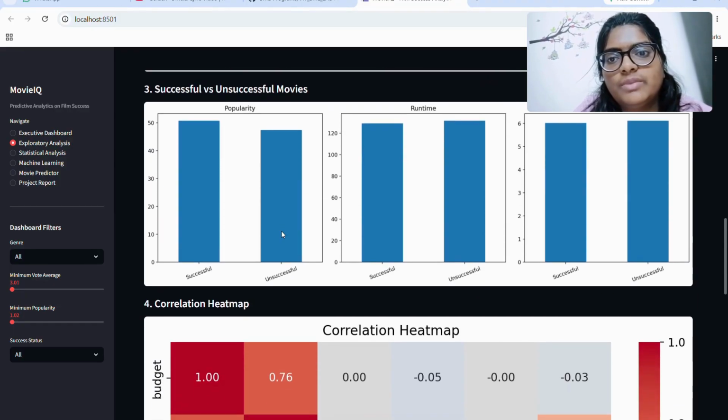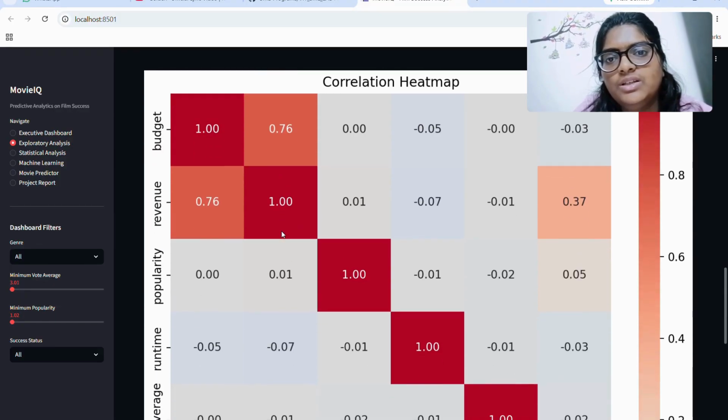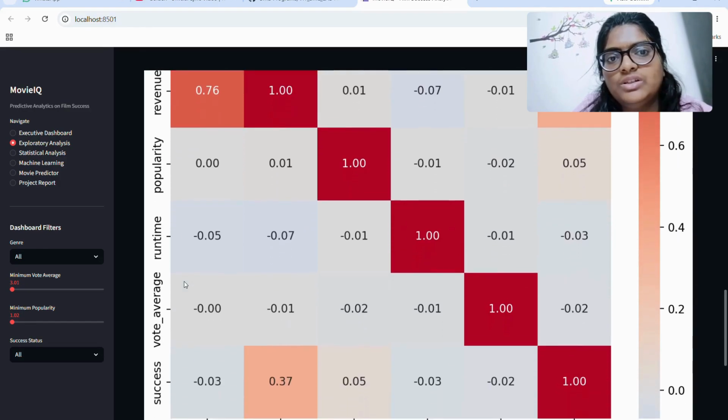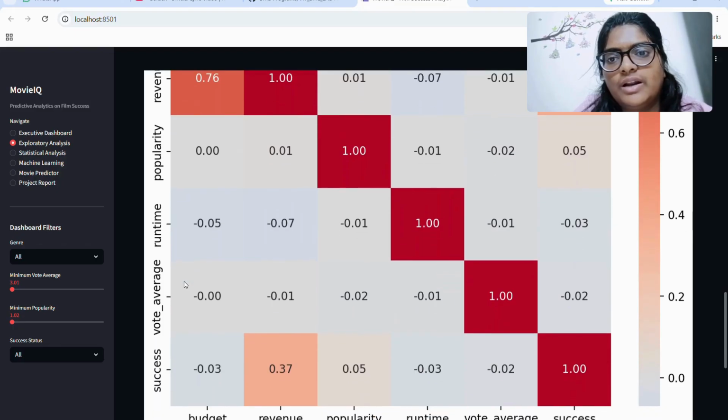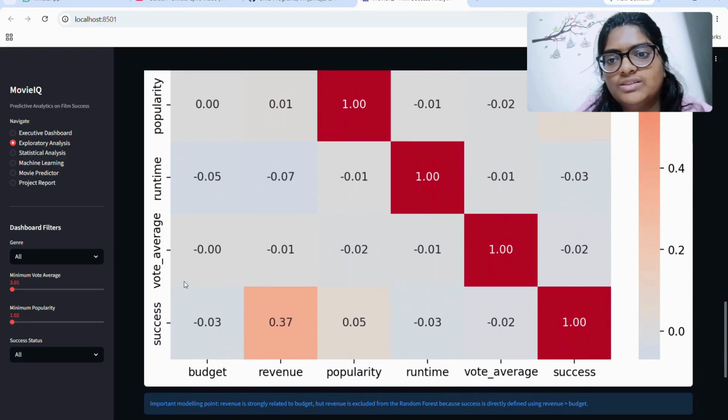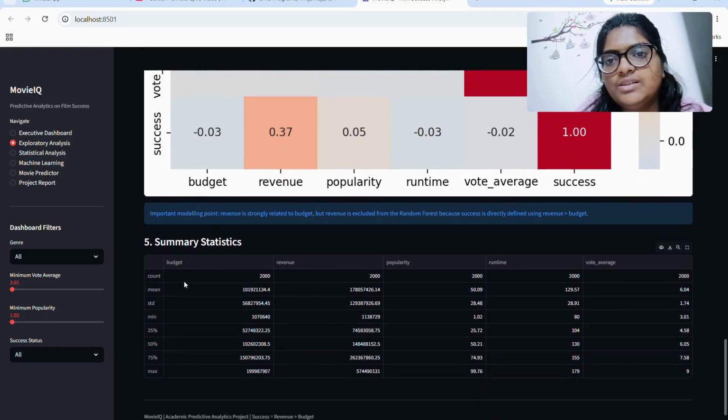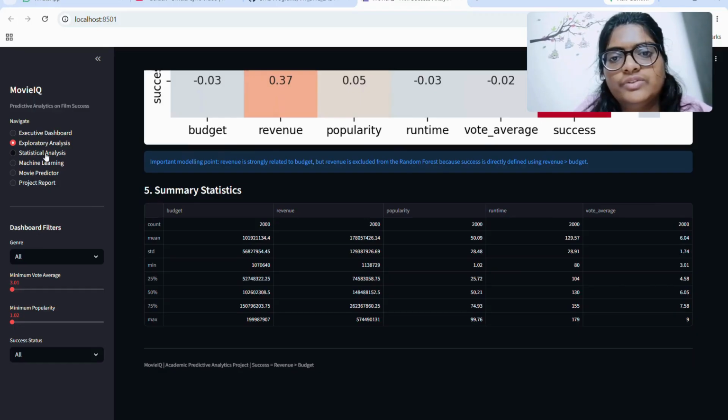The correlation heat map shows the relationship between the important numerical values including budget, revenue, popularity, runtime, vote average, and movie success. This exploratory analysis helps identify important patterns before the statistical testing and machine learning, so it is considered a primary step.